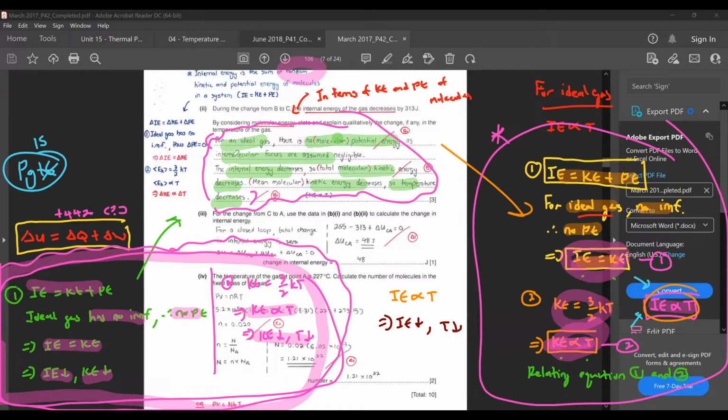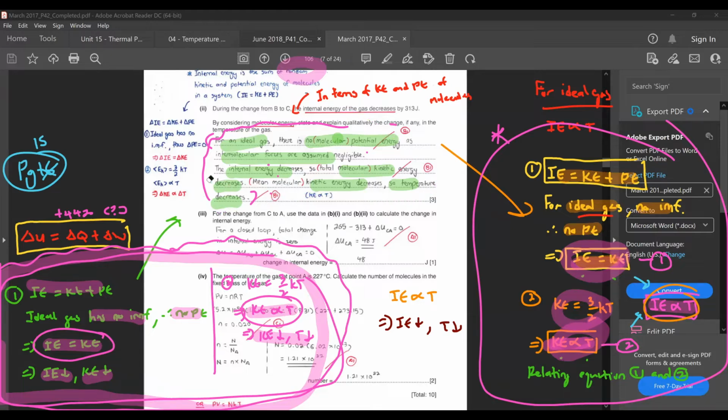Now when you look at the answers, you'll notice that certain things are not mentioned. For example, we never say that internal energy is equal to KE in the answer. And neither did we say that KE is proportional to temperature inside the answer. Certain points are not written.